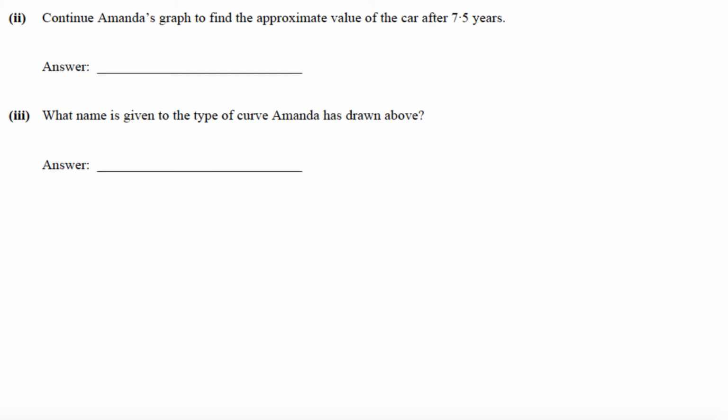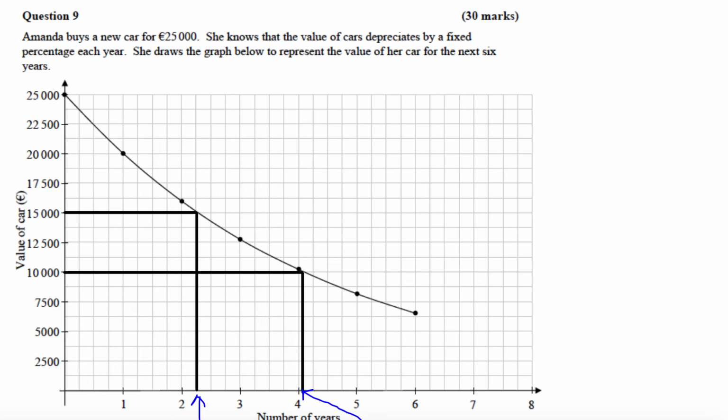Okay, so part 2 says continue Amanda's graph to find the approximate value of the car after 7.5 years. So if we continue the graph on, do this as accurately as you can, as smoothly as you can. You can see there that the graph will continue on along the same lines.